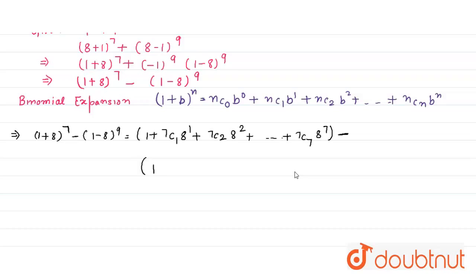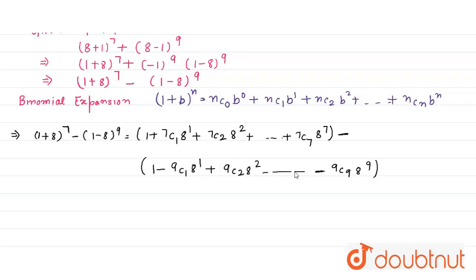The expansion of this expression will be 1 minus 9C1 8 raised to the power 1 plus 9C2 8 raised to the power 2, and so on, minus 9C9 8 raised to the power 9. So I just expand this.